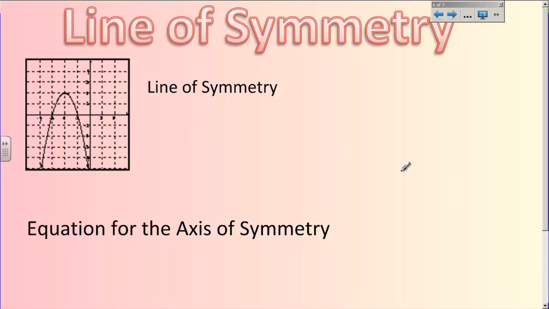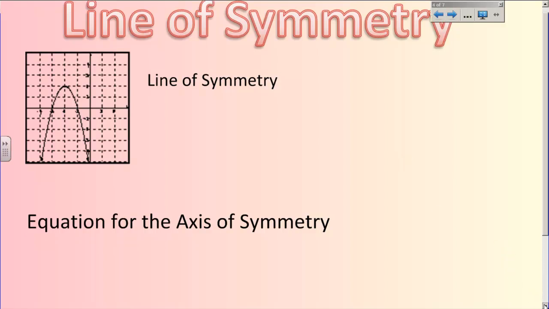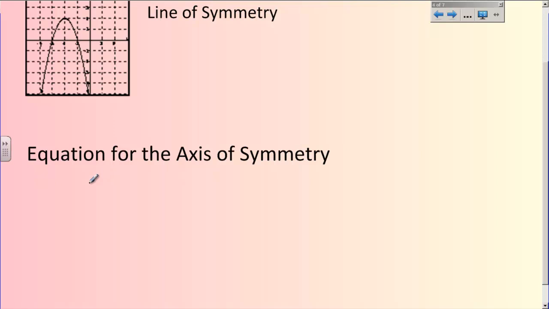And there is actually an equation you can use to find the axis of symmetry. If you have a quadratic that is in this format, ax squared plus bx plus c, where a, b, and c are all integers, they're just numbers of some sort. And y'all are used to this ABC thing because you've been factoring for a while and you know all about a and c.